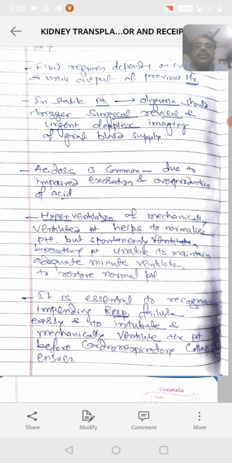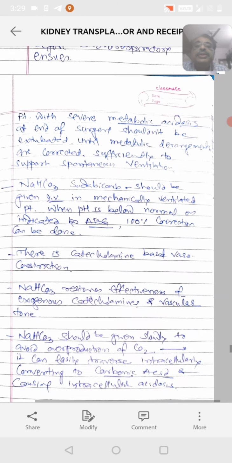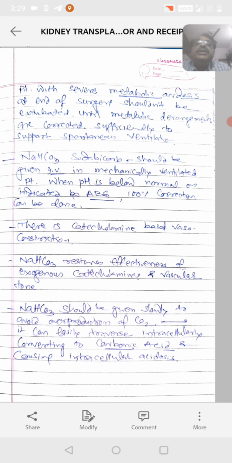It is essential to recognize impending respiratory failure early and to intubate and mechanically ventilate the patient before cardiorespiratory collapse ensues. A patient with severe metabolic acidosis at the end of surgery should not be extubated until metabolic derangements are corrected sufficiently and support of spontaneous ventilation is adequate.